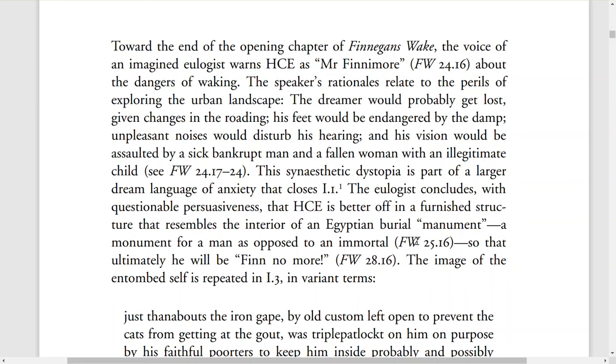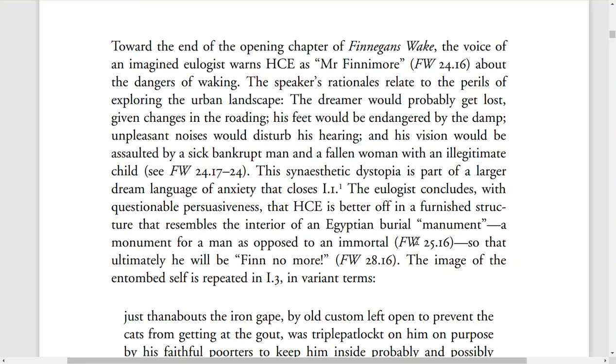The speaker's rationales relate to the perils of exploring the urban landscape. The dreamer would probably get lost given changes in the roading. His feet would be endangered by the damp. Unpleasant noises would disturb his hearing, and his vision would be assaulted by a sick, bankrupt man and a fallen woman with an illegitimate child.